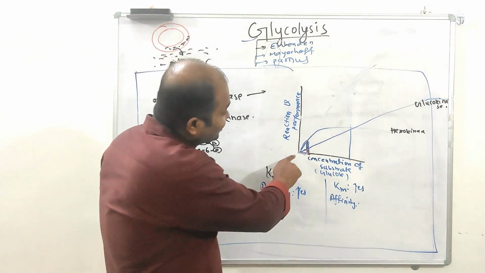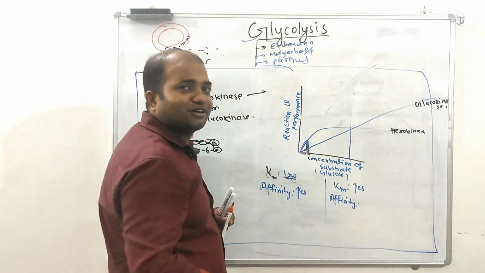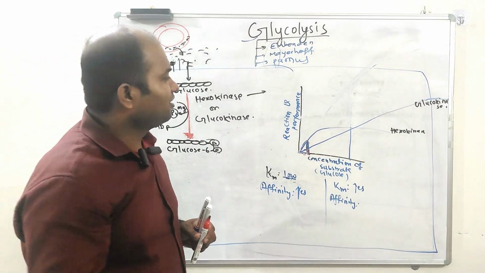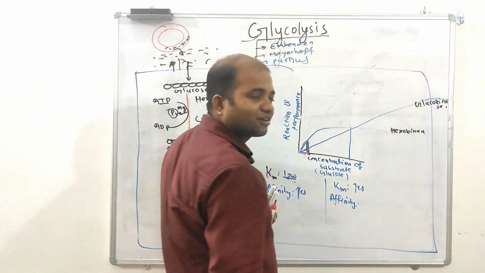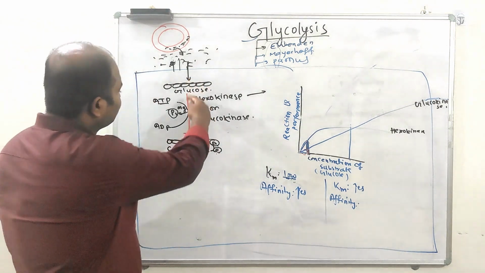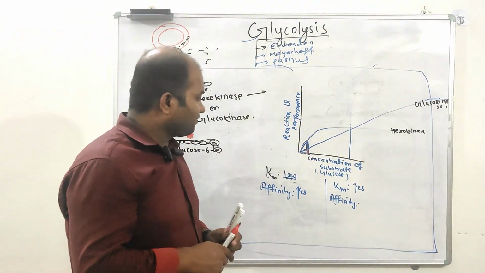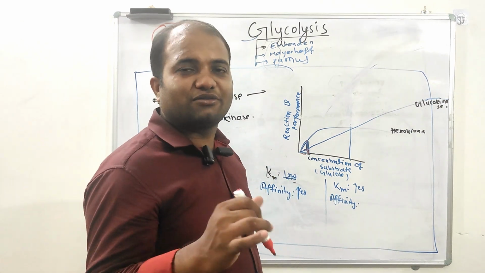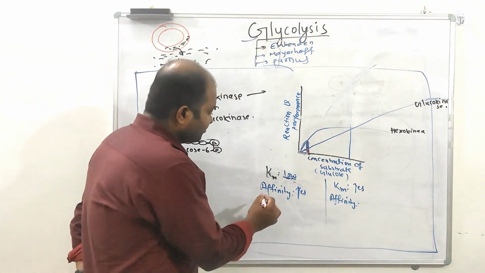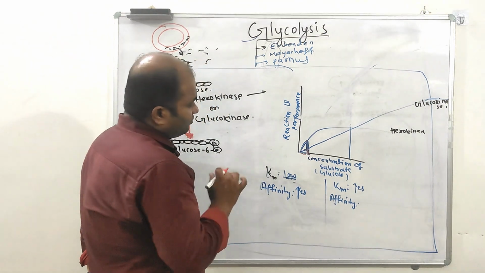But if you give a high concentration of glucose, hexokinase fails, but glucokinase can run, right? It can utilize all the glucose to convert into glucose 6-phosphate. Am I clear? I hope I am clear with this. If you have any doubt, please comment to me, I'll clear it out. So this is one thing.